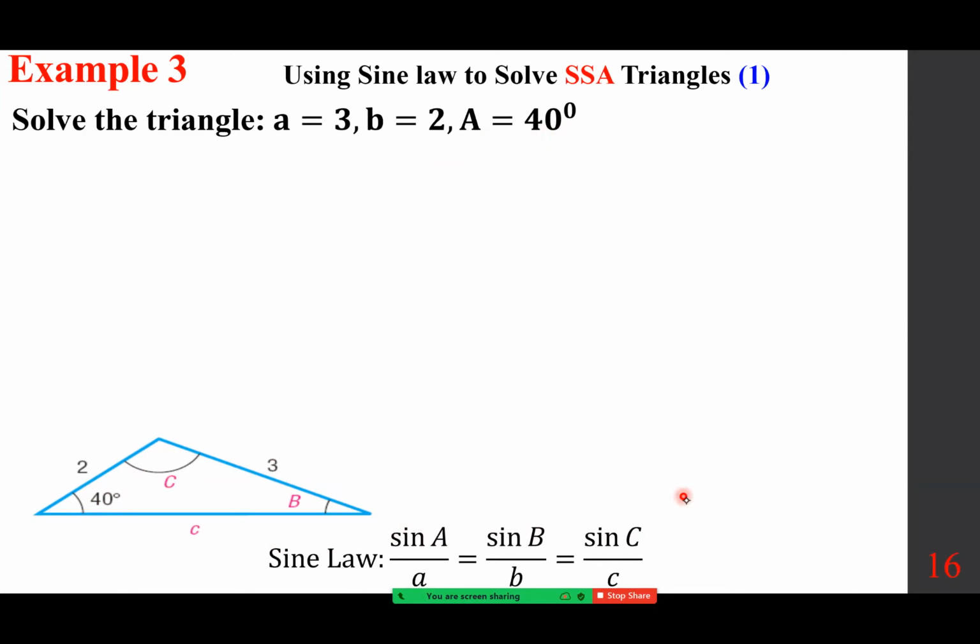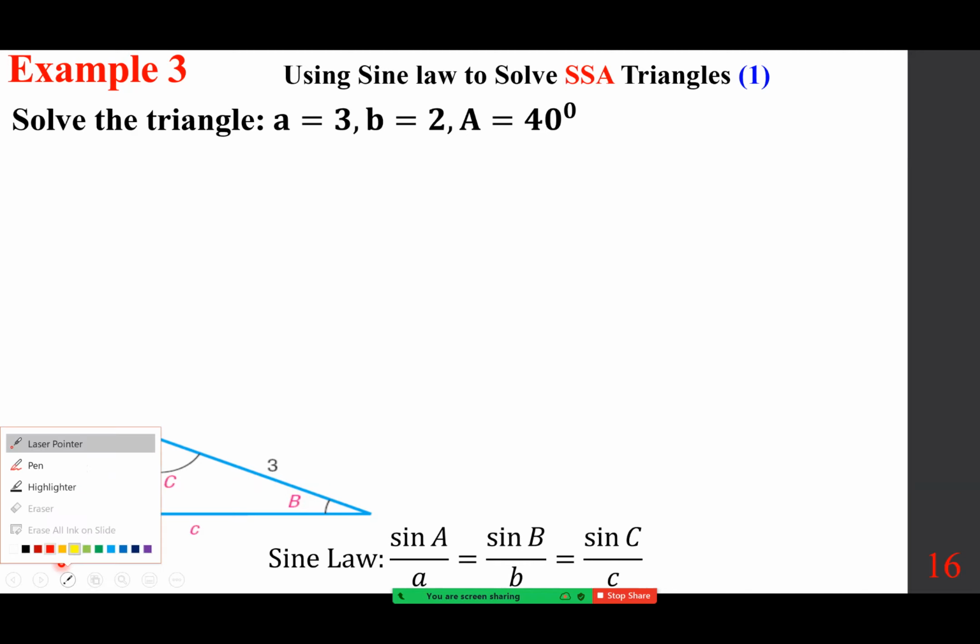We know the sine law. So of course, we can write them out. This is capital A, this is capital C. But even if we don't write them, we should be able to tell that sine of 40 over 3 equals sine of B over 2, things like that. And we can come up with the answer.